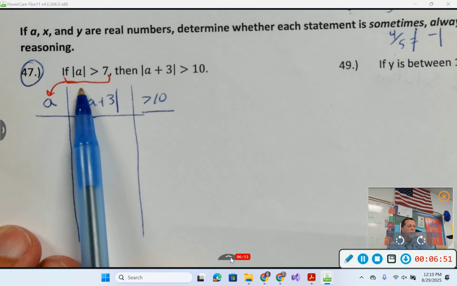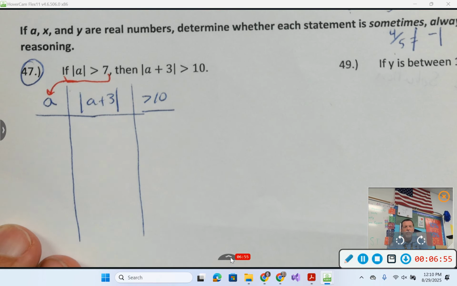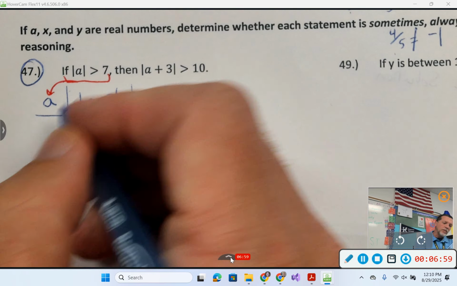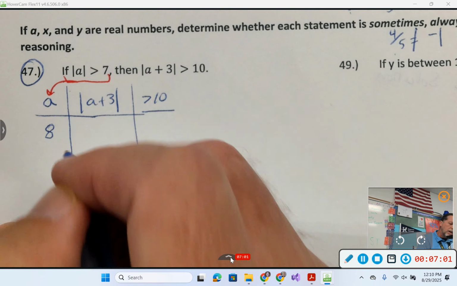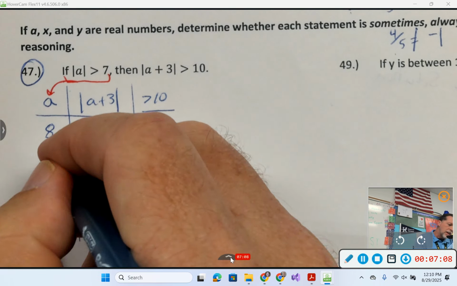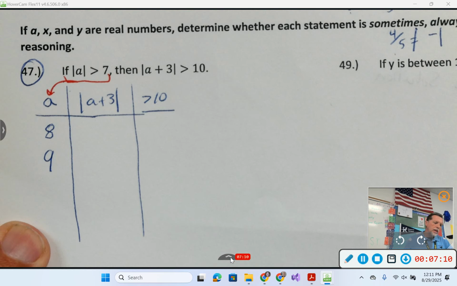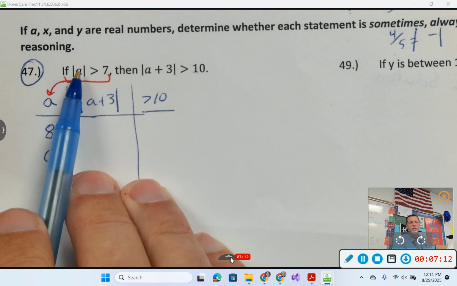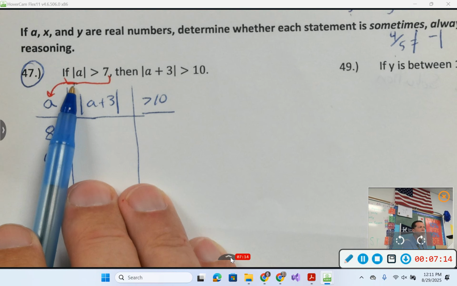So I need a number whose absolute value is more than 7. 8. Yeah, 7 doesn't qualify, but 8 would. Let's pick one more, just to make sure we didn't hit some special case that works, but not 9. But the absolute value means there could be other answers here.